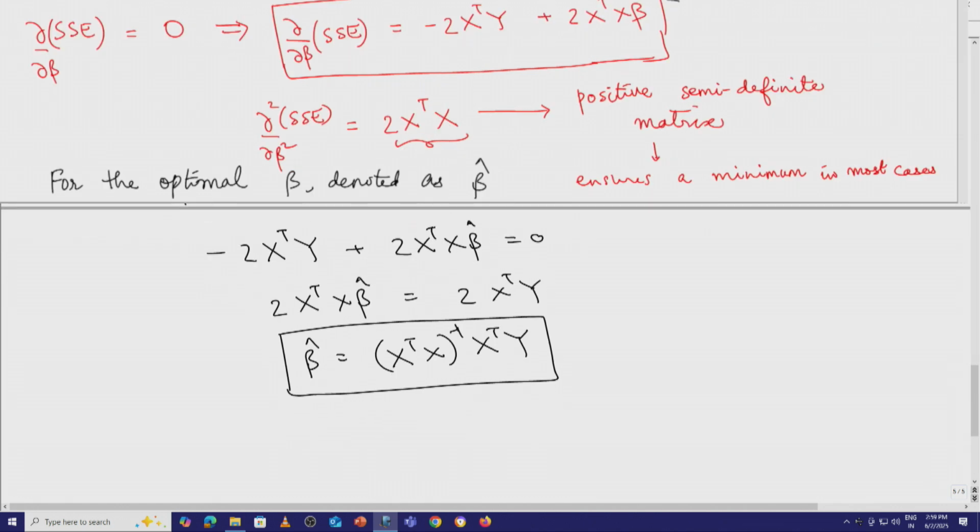Okay. So what we have done is we have managed to derive an expression for the optimal set of parameters.